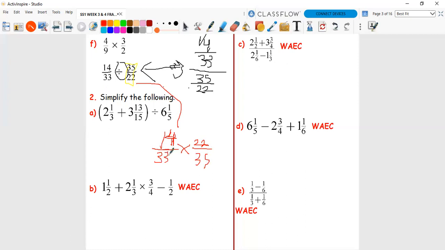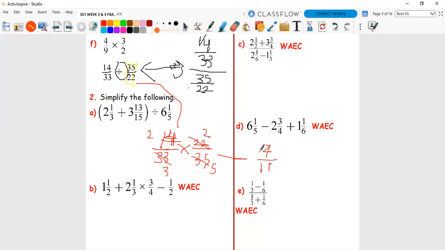So I can now cut. When you have something like this, you can cut. 11 is 2. 11 here is 3. 7 here is 2. And then 7 here is 5. So at the end of the day, what I will have will just be 4 over 15. 4 over 15. That's what we will have.